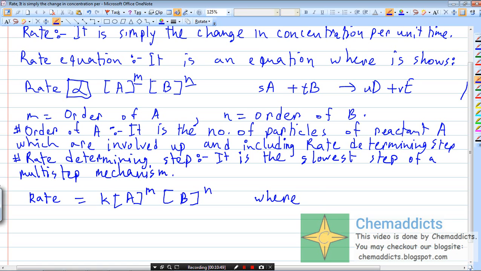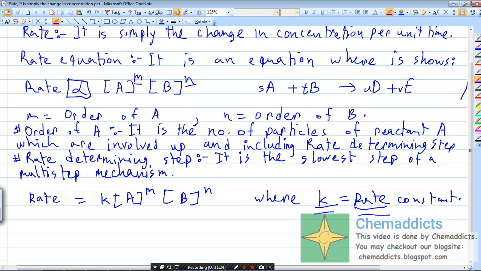So where k is the rate constant. It is required to mention that this k is a small letter, not a capital letter, since the capital letter K represents the equilibrium constant. Here we are not dealing with the equilibrium constant, we are dealing with the rate constant. I hope that you have understood.